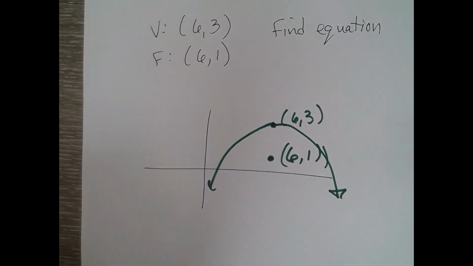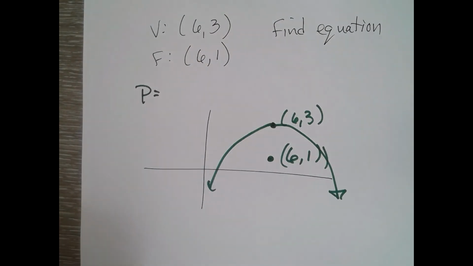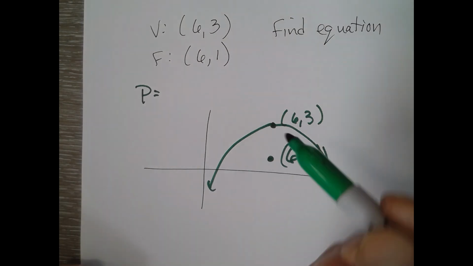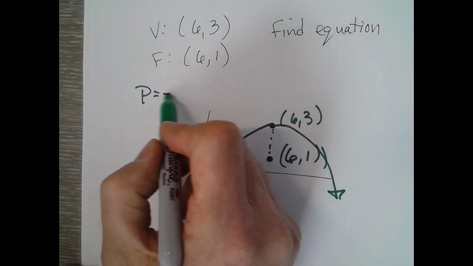So it opens down. What's P equal to? Negative 2. Right? Because this distance is 2 and it's opening down, so P is negative 2.